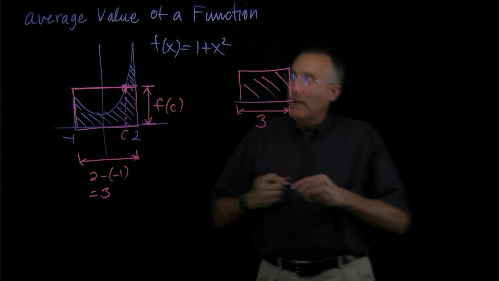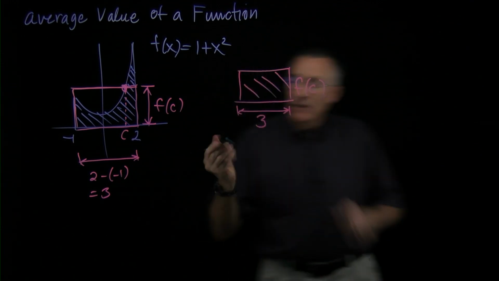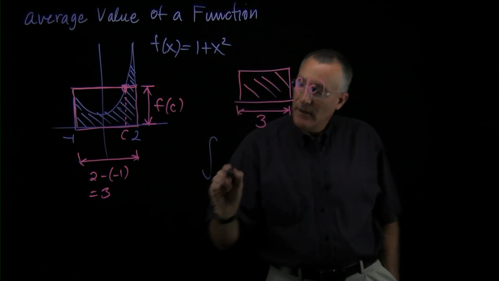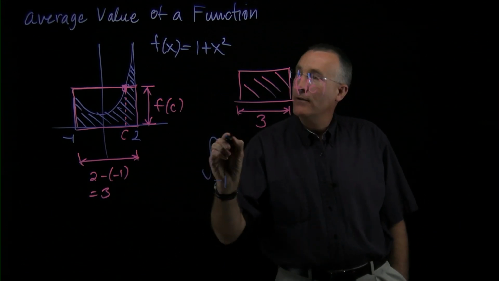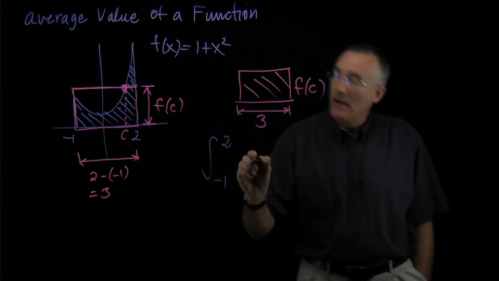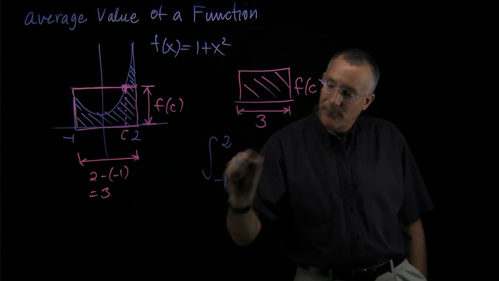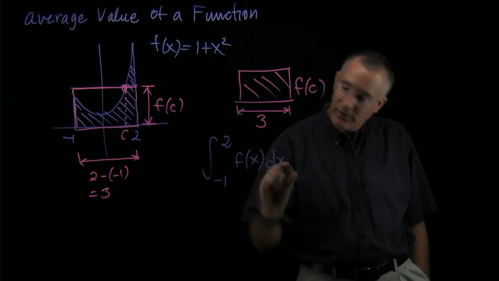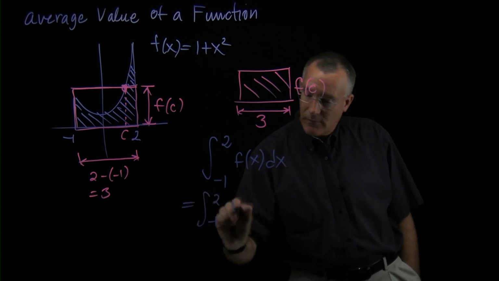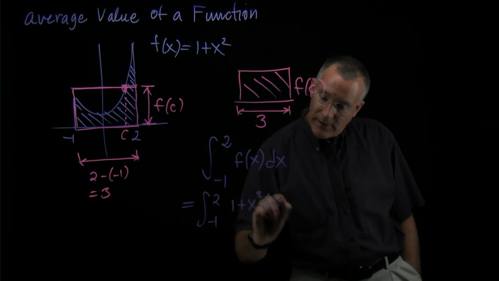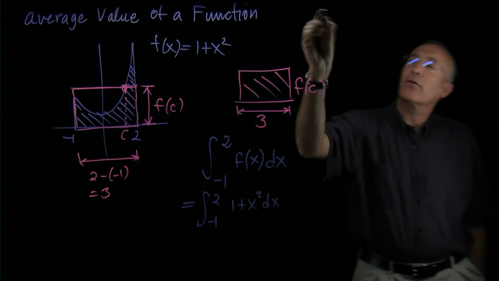And then the area under our curve is given by the integral from -1 to 2 of f of x dx. So -1 to 2 of 1 plus x squared dx. And we'll see if we can solve that.